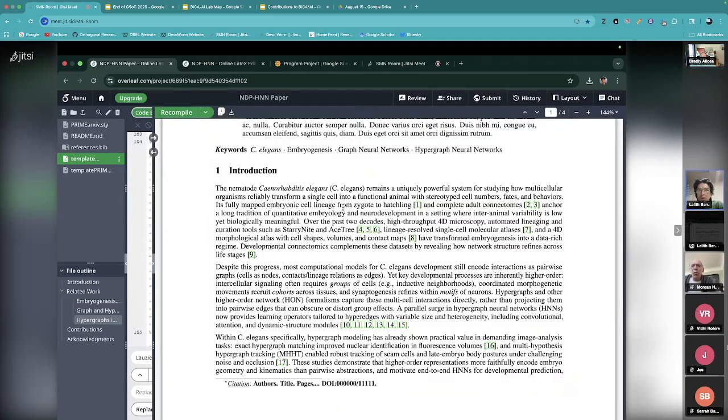Yeah. So in the first paragraph, what it generally details is how C. elegans is good and what kind of data we have, how the spatial information is useful, how our lineage information is useful, and why these are biologically meaningful.